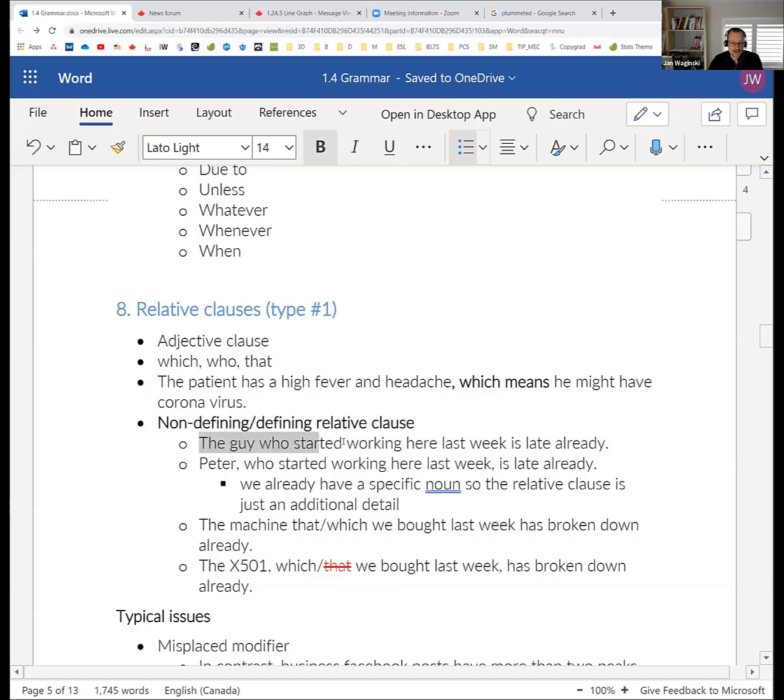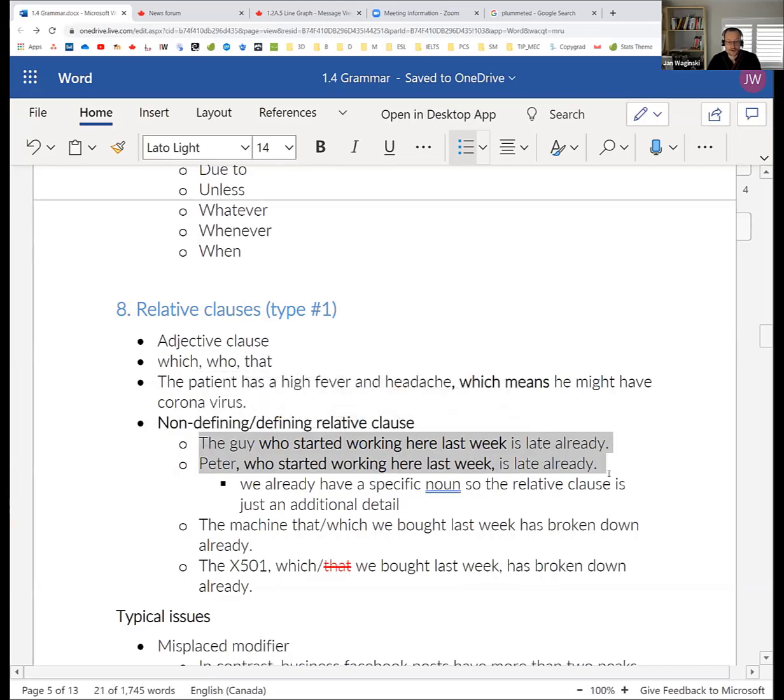So when we have the guy who started work here last week is late already, then we have Peter, who started working here last week, is late already. Right, Safa, why are these different? Why does one of them have a comma?